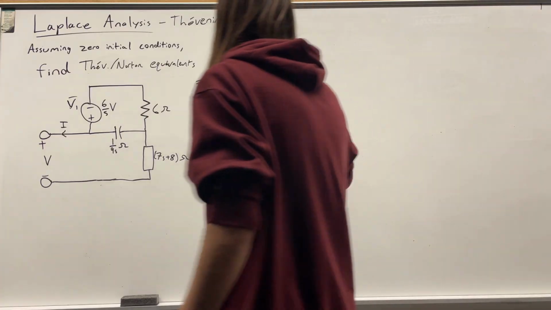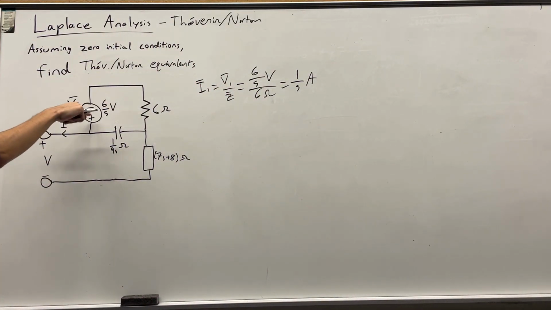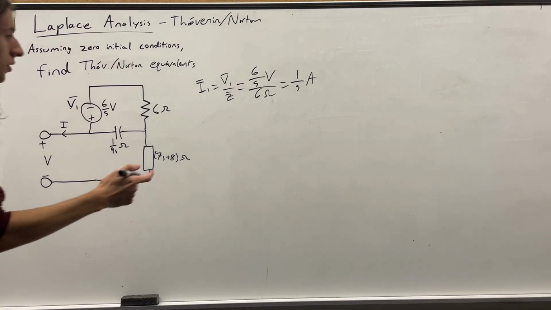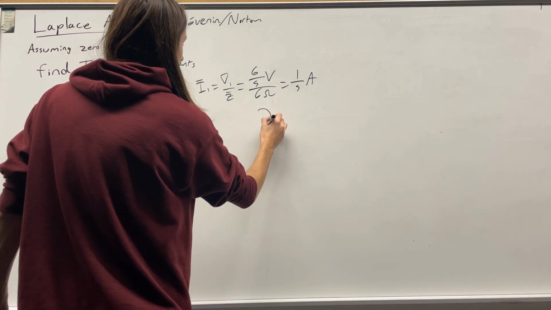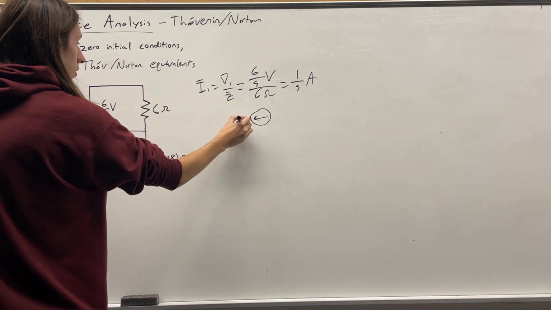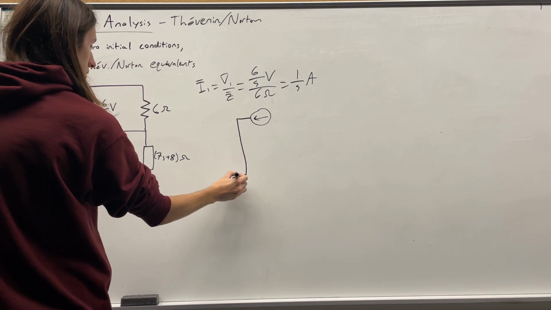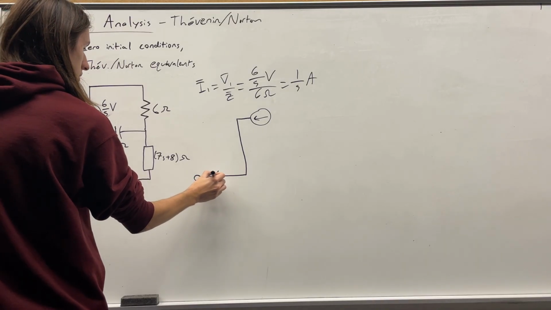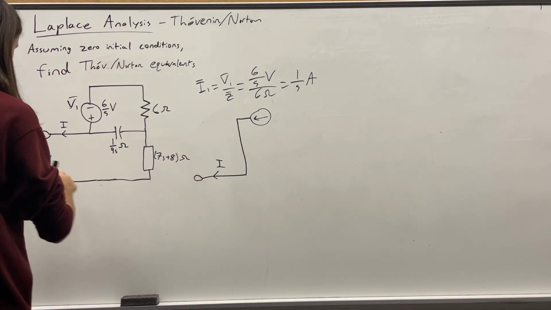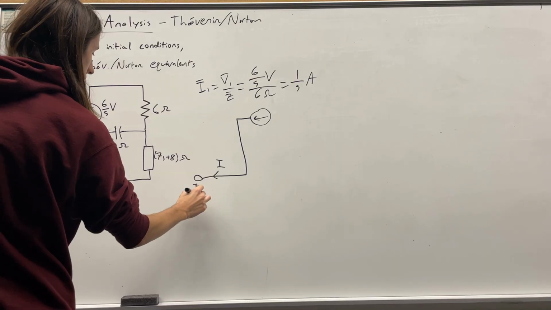So this will be the value of the current source, and then the current source has to be pointing in the same direction as the positive on the voltage source, so I'll draw that. Current source will point to the left. Don't forget to draw your arrow for I and your voltage as well at the terminals.